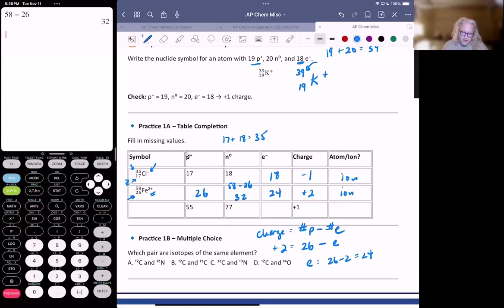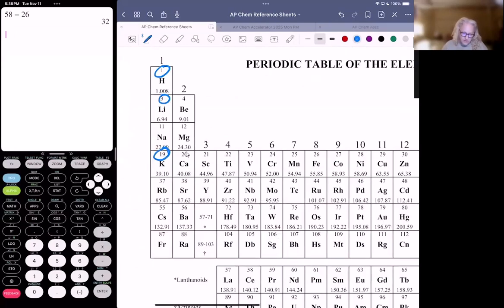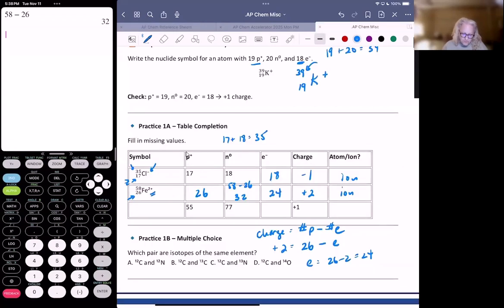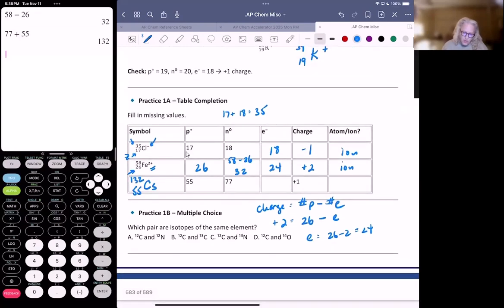And the final one has 55 protons. So let's look on our periodic table for 55. That's cesium. 55 protons, 77 neutrons. So to put the mass number, 77 plus 55 gives me 132 as a mass number. The charge is +1. So remember, I'll do it 2 ways.